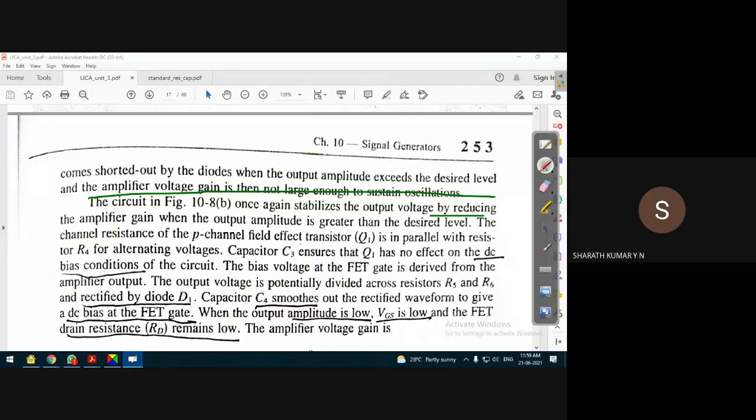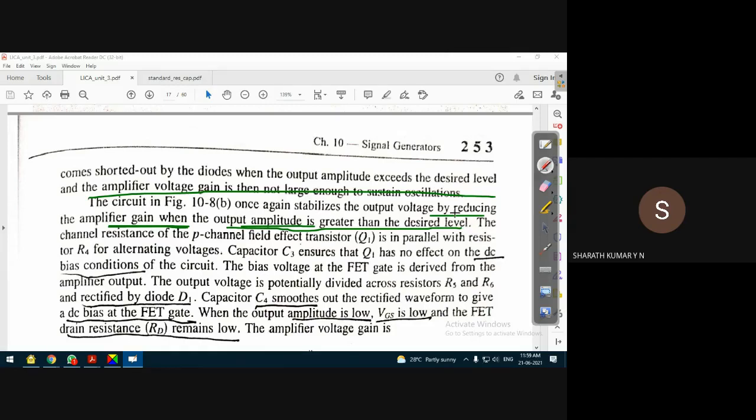The output voltage is stabilized by using the FET network, and it is stabilized to a desired value by using the various components. So the output amplitude is stabilized by reducing the amplifier gain when the output amplitude is greater than the desired level.